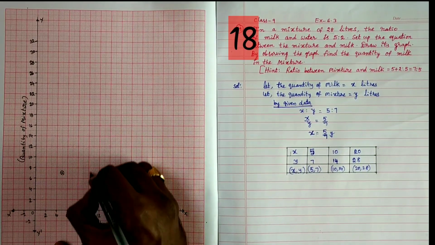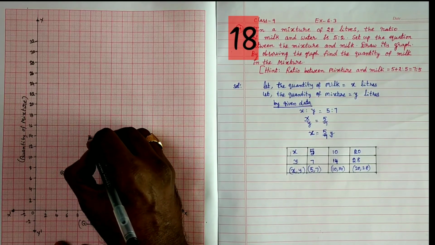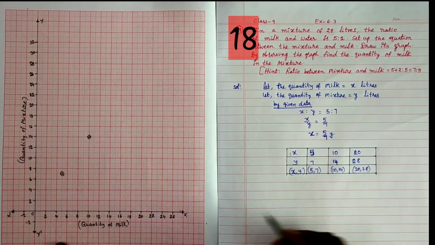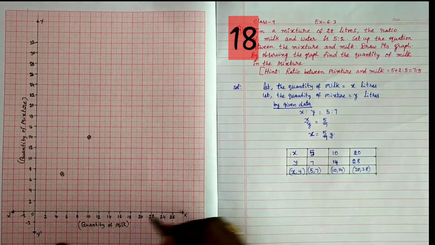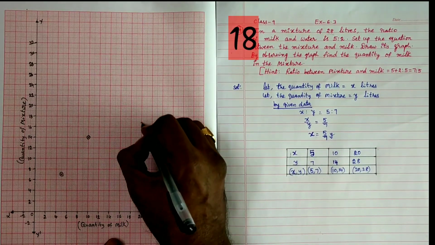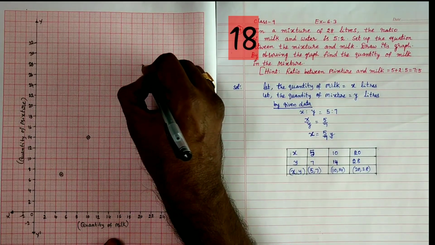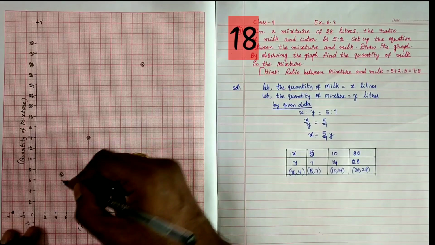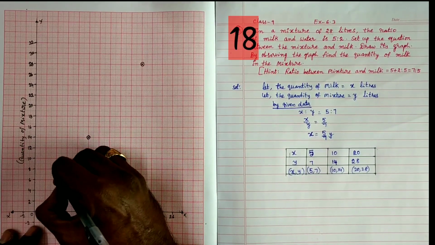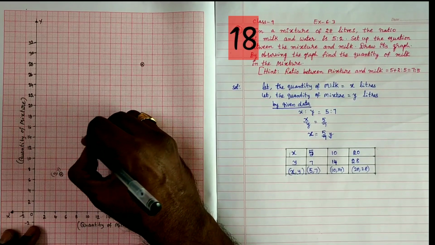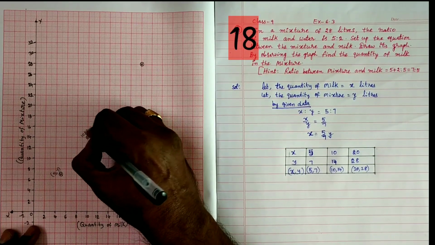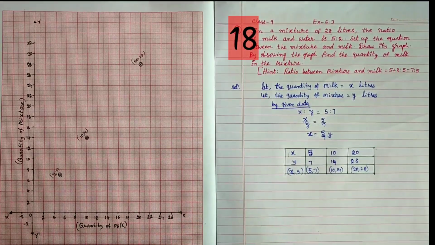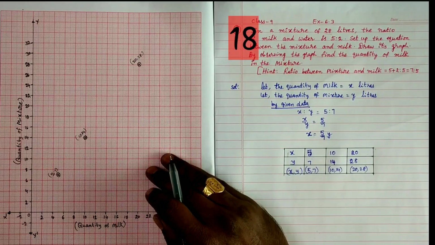So this is the point 10 comma 14, and 20 comma 28. This point is 20 comma 28. So this is 5 comma 7, 10 comma 14, 20 comma 28. Through these 3 points draw a line.